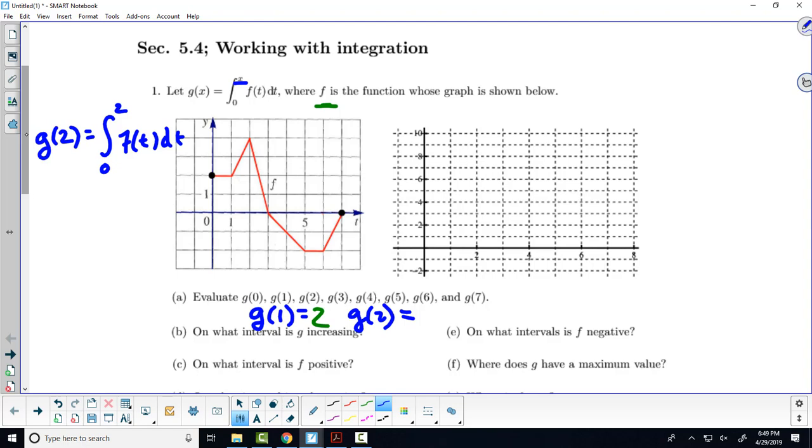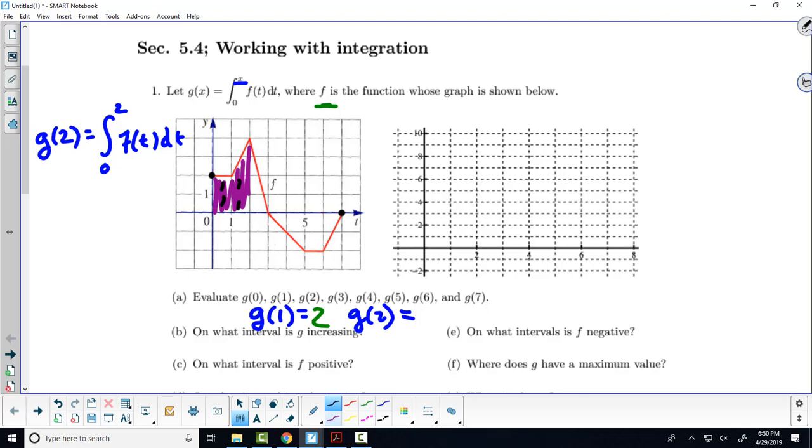So let's do that. That's what we're trying to compute. Well, we can easily do this without even knowing what f is, because it's built up of nice geometric shapes. So what is this area? Well, there's one square unit, there's another, there's another one, there's another one.